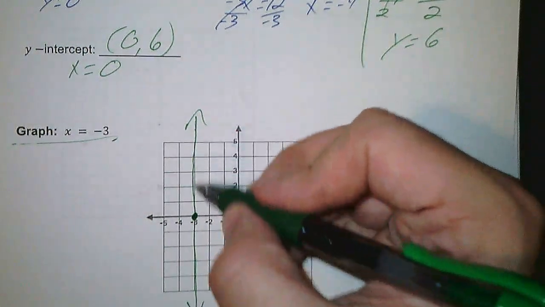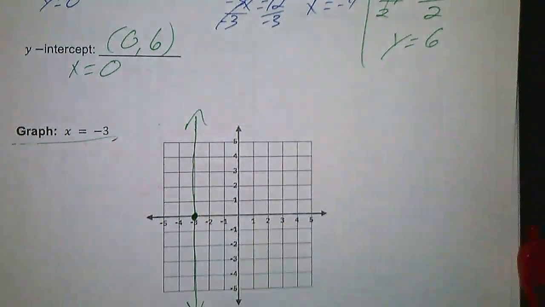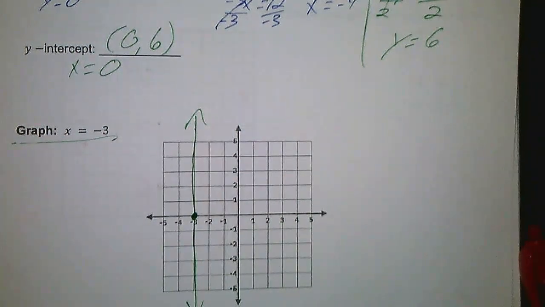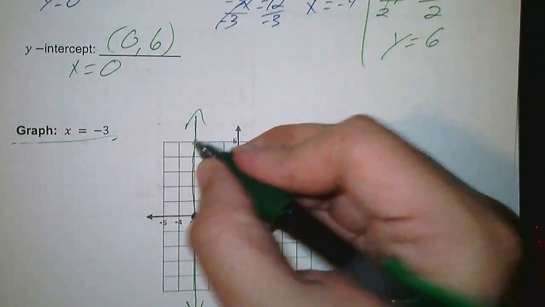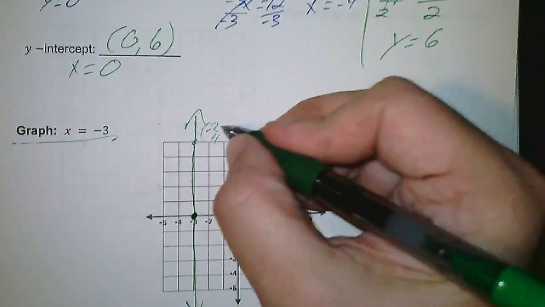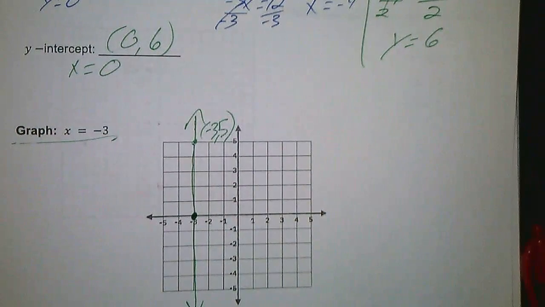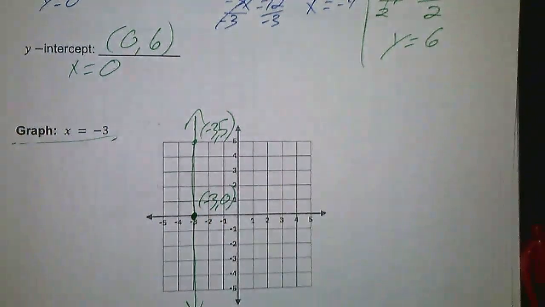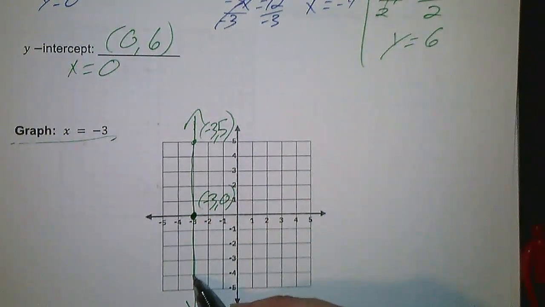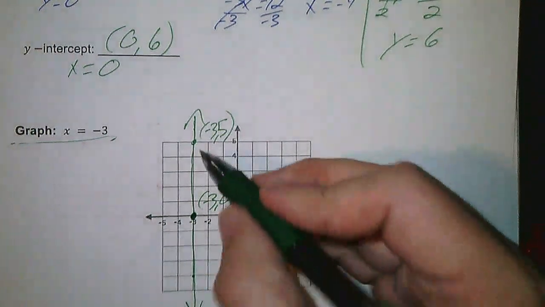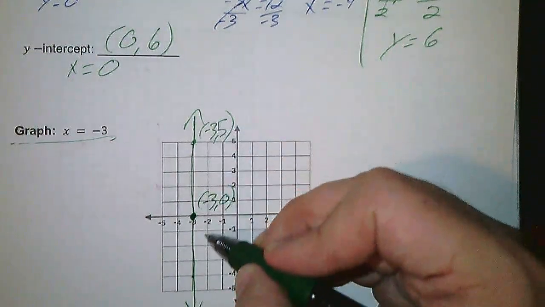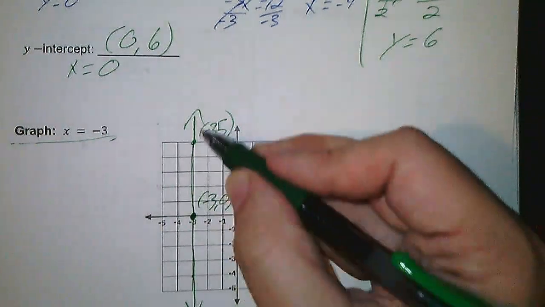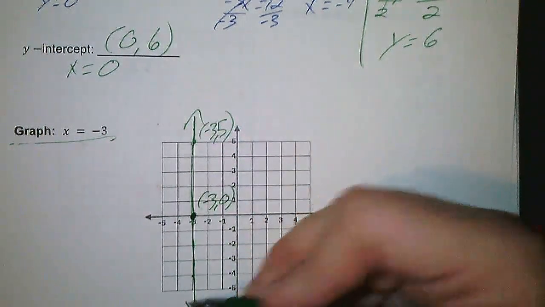In ALEKS, you just make the line that goes through negative 3 on the x-axis. So every point here, just to illustrate, has an x value of negative 3. Right here, we're at negative 3, 0. Here, we're at negative 3, negative 4. So every x value is negative 3 on this line. So just make a line that goes through negative 3.